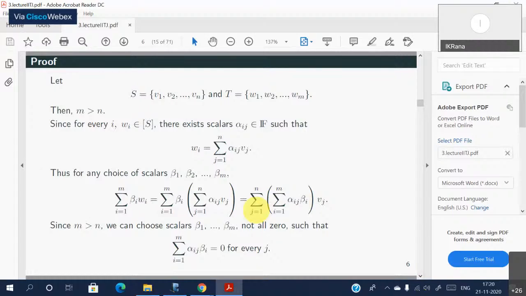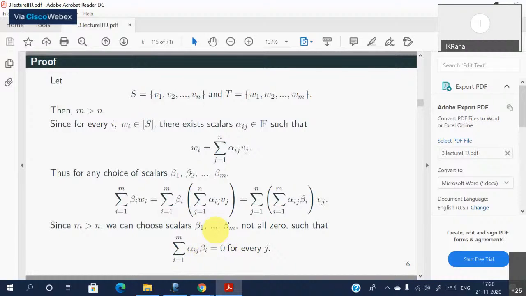So this is the result coming from the system of linear equations, where m is bigger than n. Then there is always a non-trivial solution. So for every j, pick up a non-trivial solution such that the sum of alpha ij beta i is equal to 0.